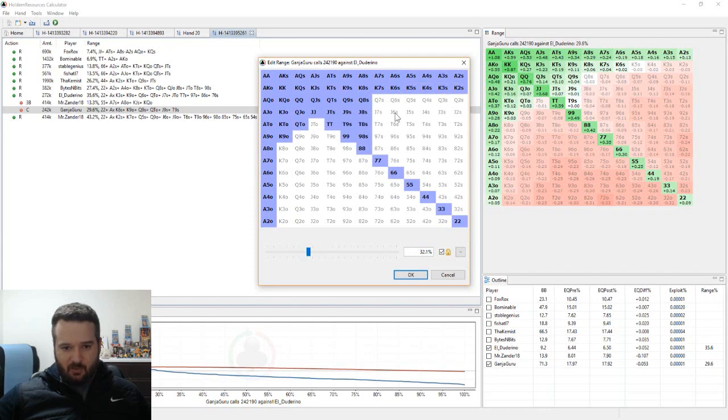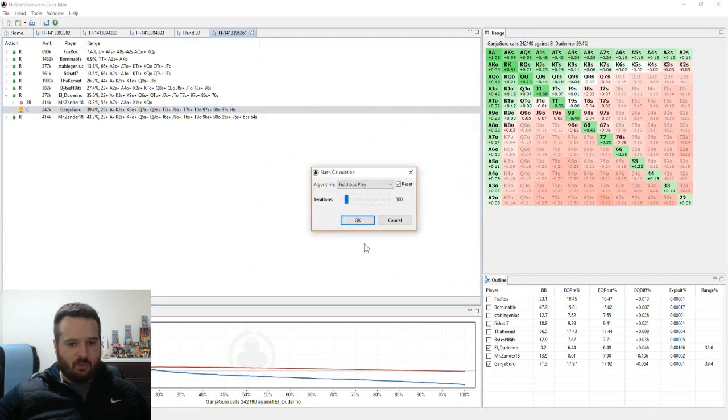And if we know he's calling with Jack 9, he's probably going to be calling too wide. So let's see what happens when we widen up his range a little bit here. Rerun it.